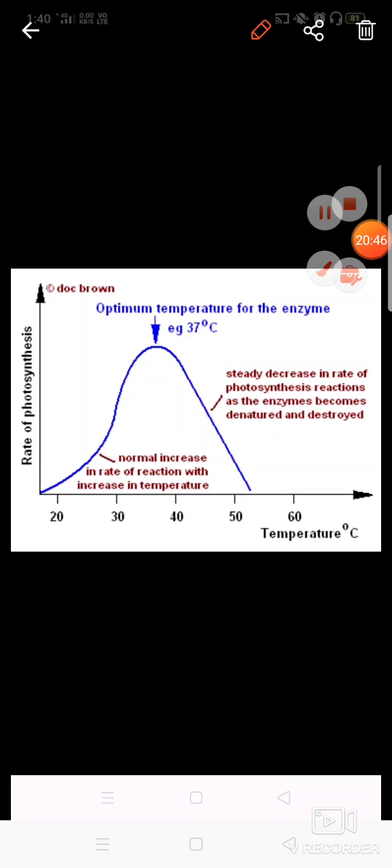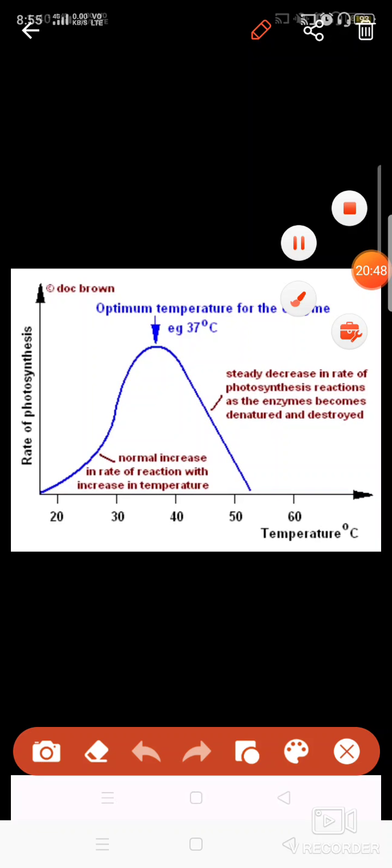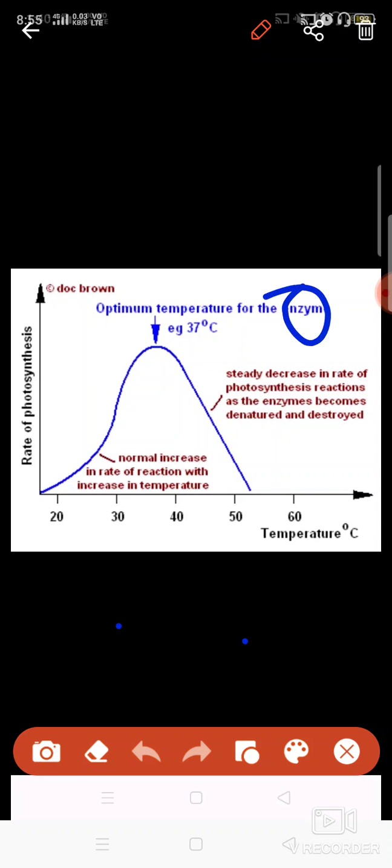See here. Okay, why does it happen? Basically the enzymes which are present, we have discussed that NADP reductase is there, ferredoxin and these chemicals. Whatever enzymes are present there, those enzymes actually function at a certain temperature. You can see an example, 37 is the optimum temperature at which all the enzymes can carry out the reaction of photosynthesis.